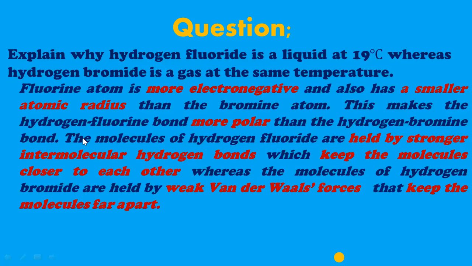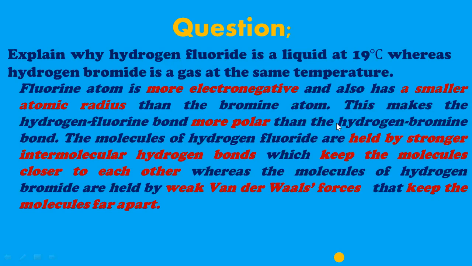Linda, can you read for us the explanation just to emphasize it? Yes, teacher. Fluorine atom is more electronegative and also has a smaller atomic radius than the bromine.